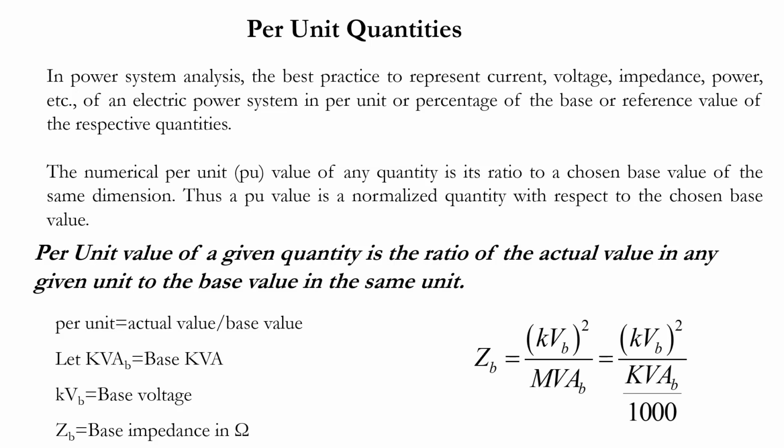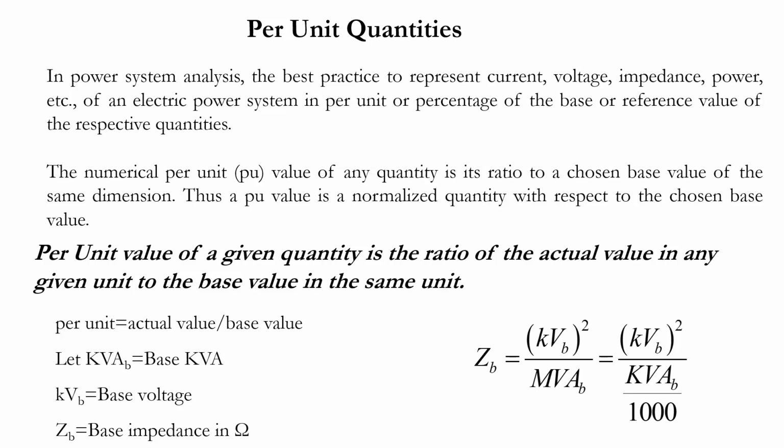Let the power base, that is kVA base, be represented as kVA-B. The voltage base is represented as kVB. Now, what is impedance base? The base impedance ZB, in ohms, is given by, we know that impedance is a ratio of voltage by current.